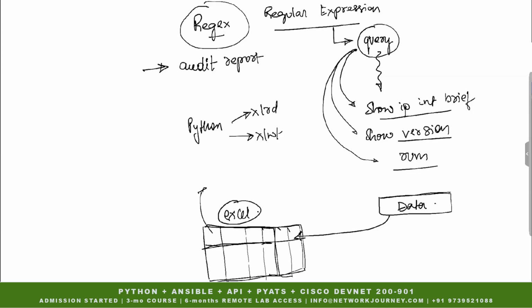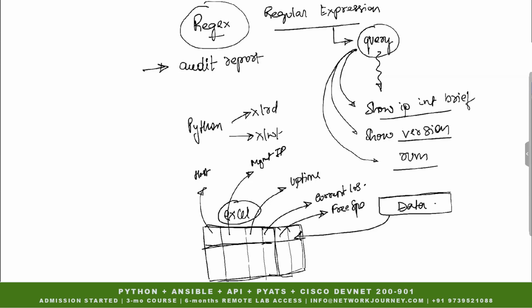I can put a header like host name here, the management IP details here, then a column for uptime, a column for the current iOS version, a column for the free space, and this one for serial number or whatever purpose it is.